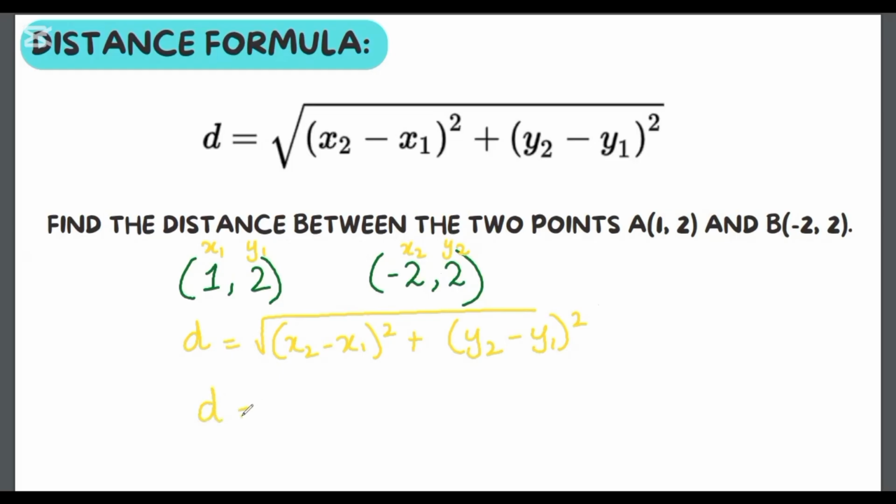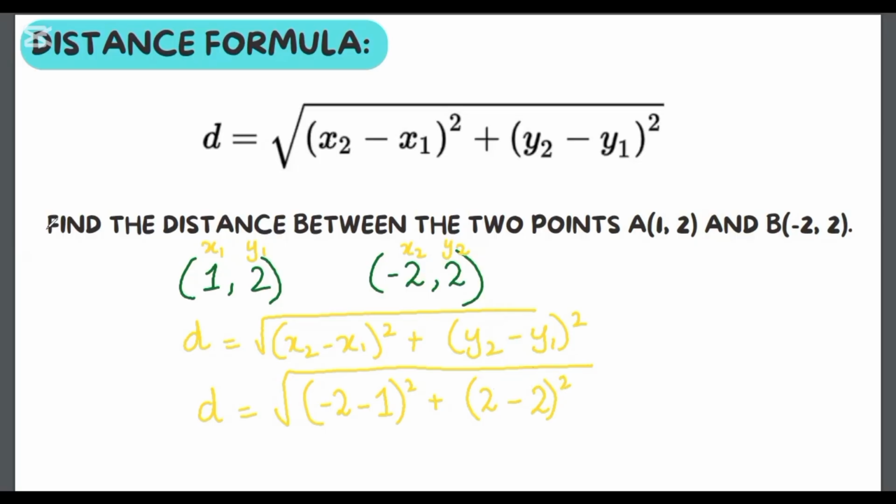So x2 in this question is -2, minus x1 is 1, whole square, plus y2 is 2, minus y1 is 2, whole square.